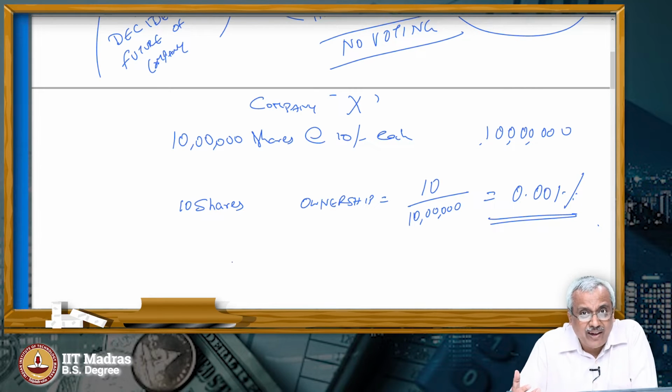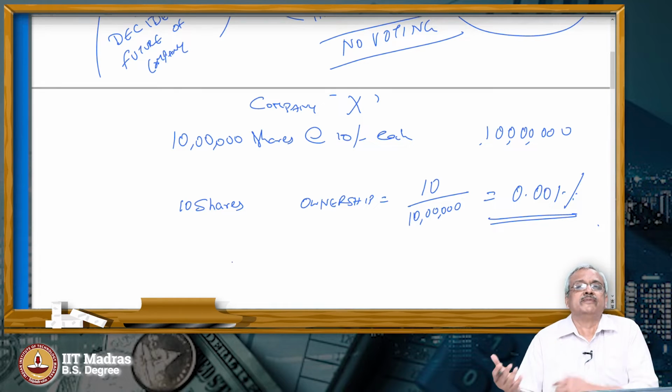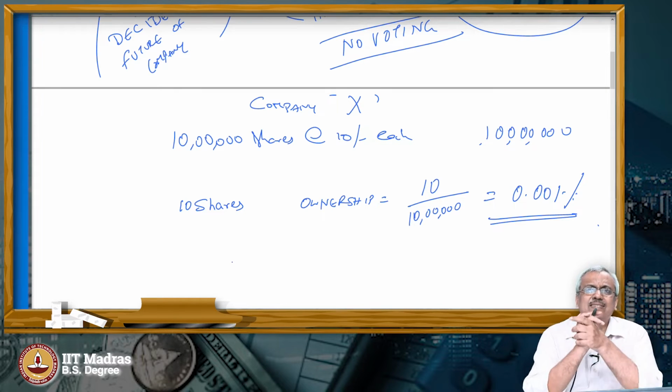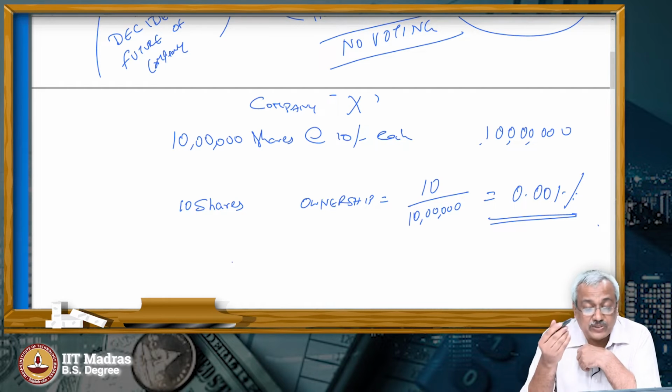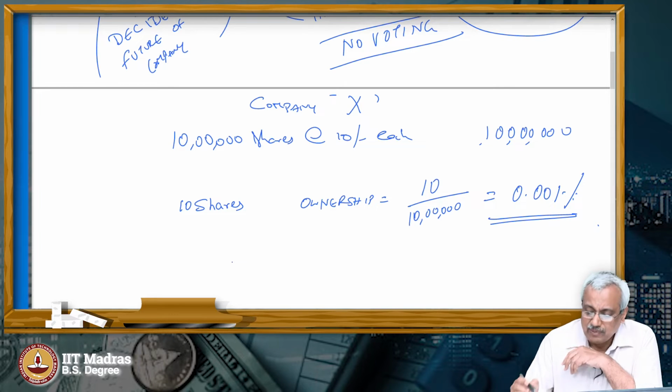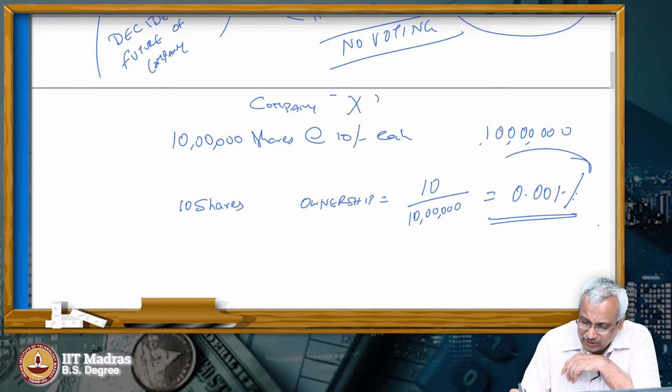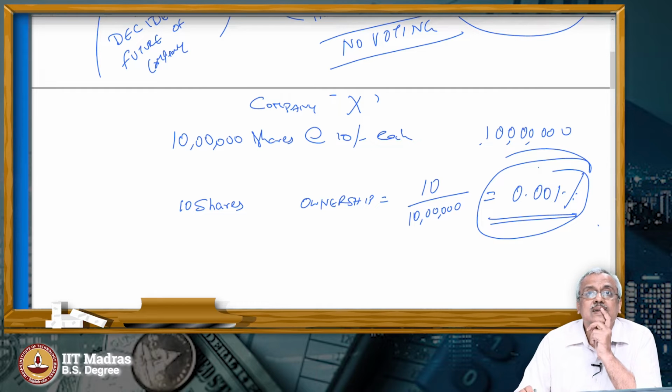Though you are a 0.001% shareholder, you will still have voting rights. You can still vote and decide the future of the company. But your ownership is restricted to this. It doesn't mean that I am not an owner of the enterprise. You are an owner, but ownership is restricted to this. That is what an equity shareholder is.